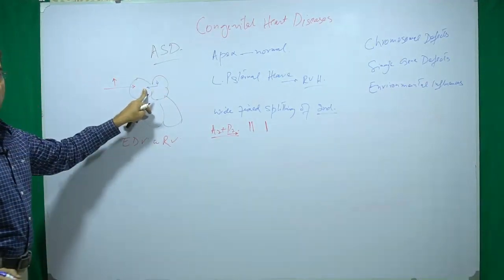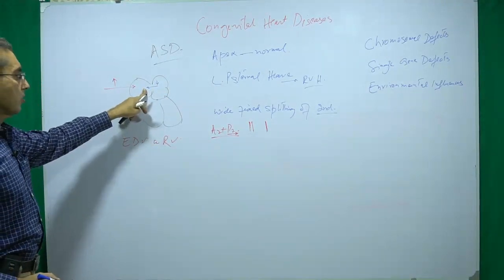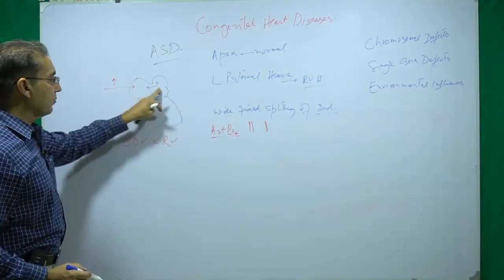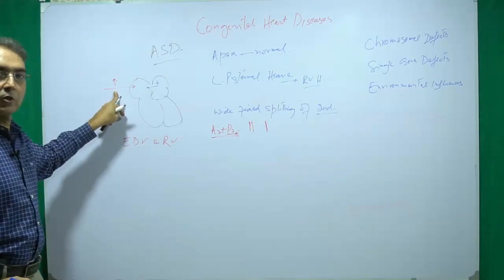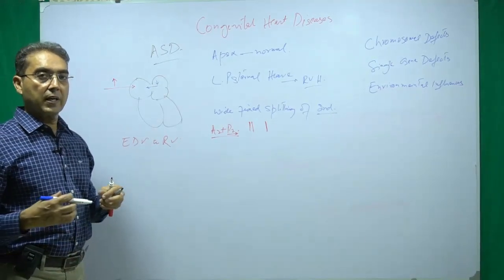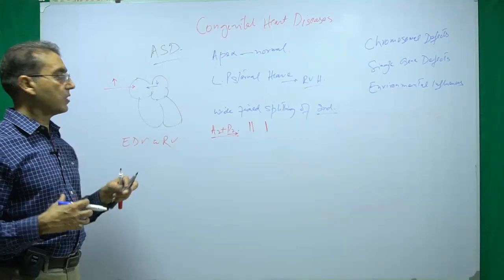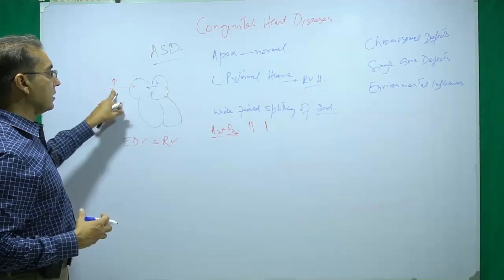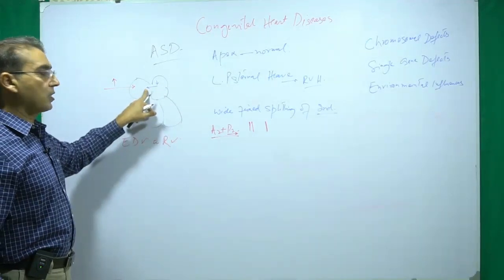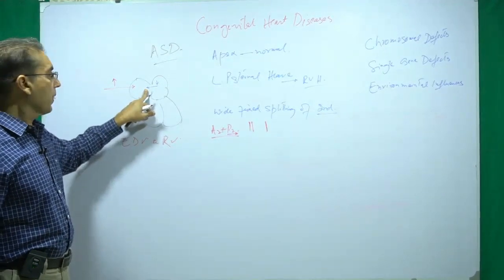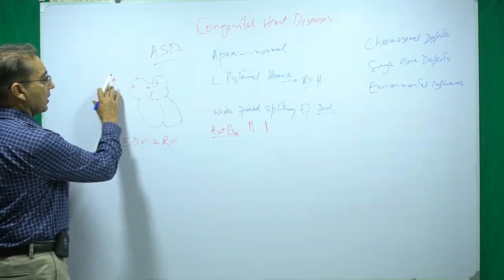This shunt decreases during inspiration. So the flow which is coming from the left side has decreased, although the flow from the systemic circuit, because of the inspiration, when there is negative intrathoracic pressure and the venous blood is sucked into the right side, is increased, but the blood which is coming from the left side through this shunt is decreased. This is what happens in inspiration.